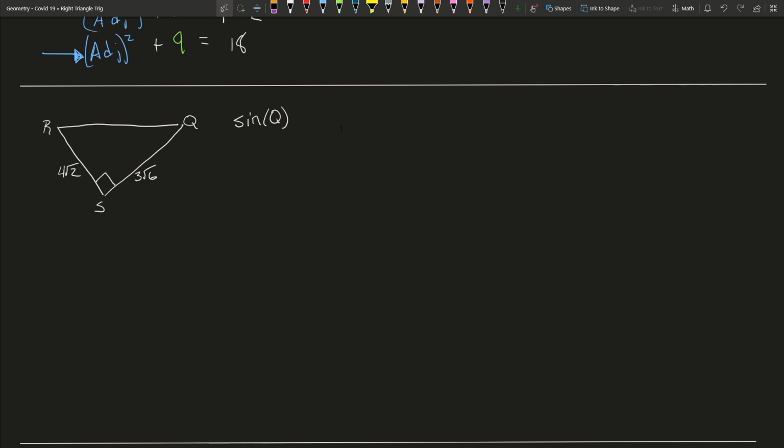Again, the first thing we should always do is to determine what side is what. So we're dealing with angle Q. So we're dealing with this angle right here. If we draw a line from this angle to the opposite side of the triangle, we get our opposite side. If we draw a line from our right angle to the opposite side of the triangle, we get our hypotenuse.